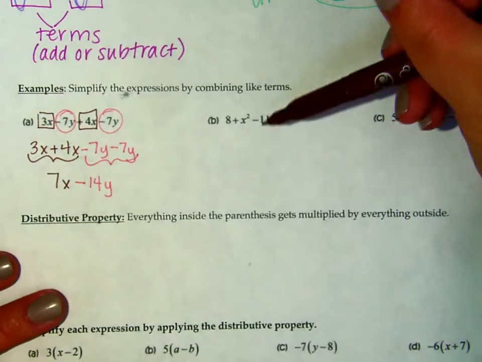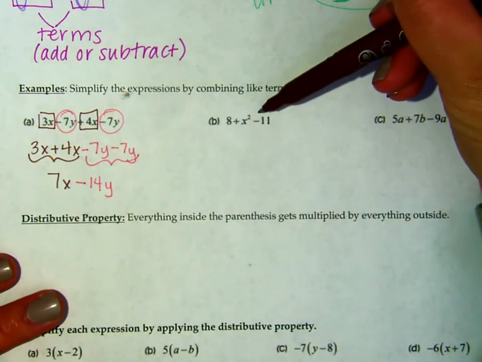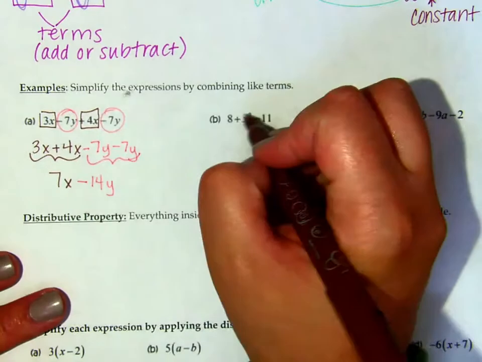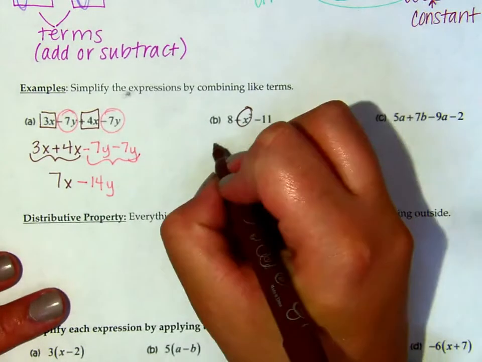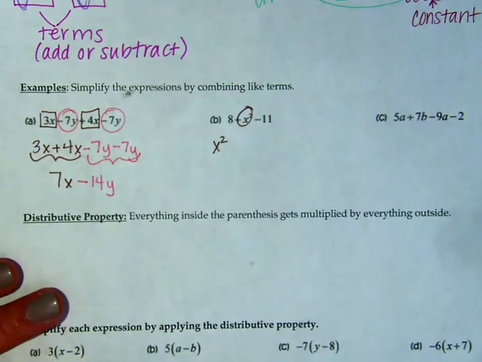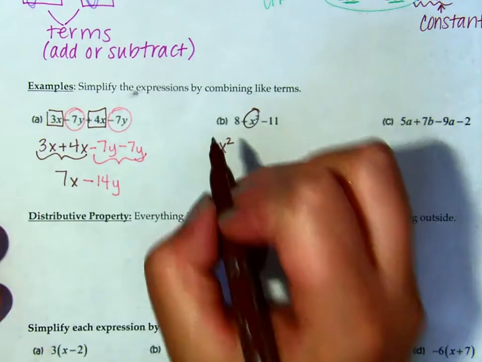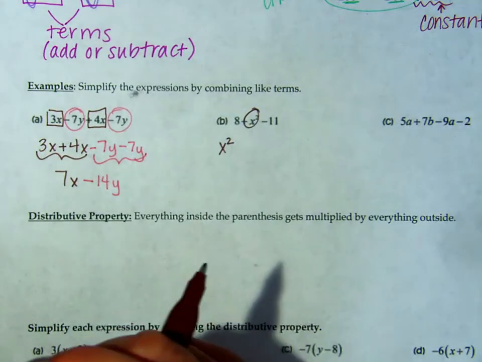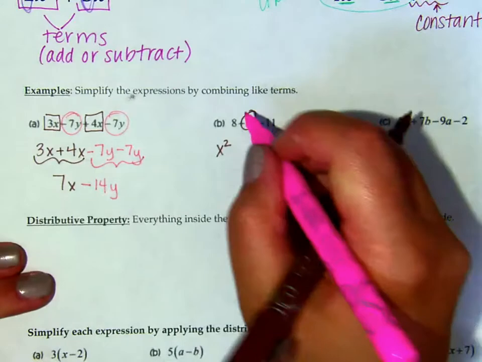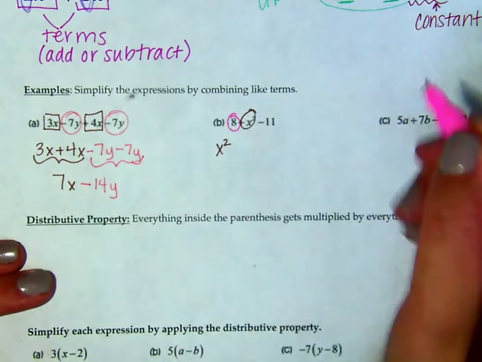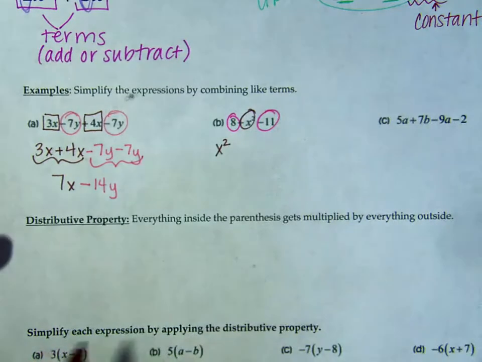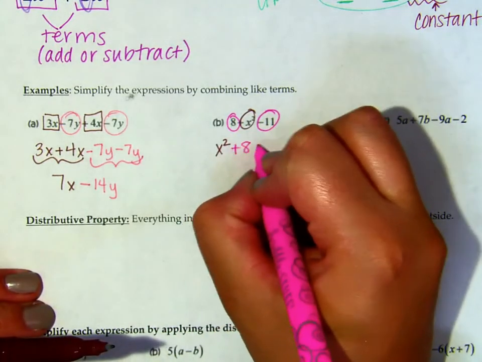B says 8 plus x squared minus 11. There's only one x squared here, so we're going to bring that down. I have two different constants though, a positive 8 and a negative 11. So I have x squared plus 8 minus 11.